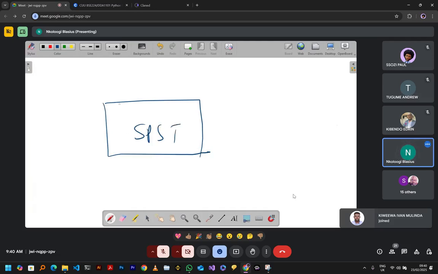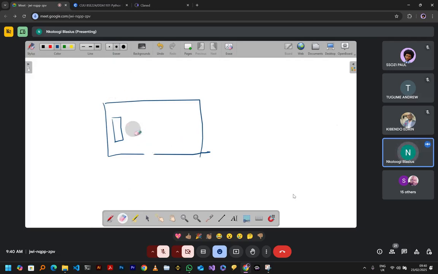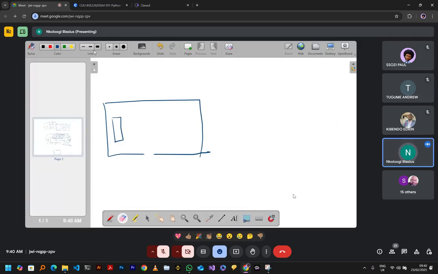SPST. So you have that. You will see that it has 4 different switches altogether.